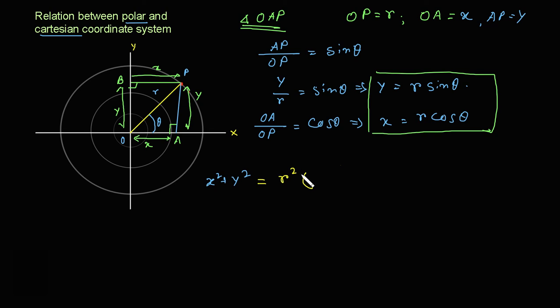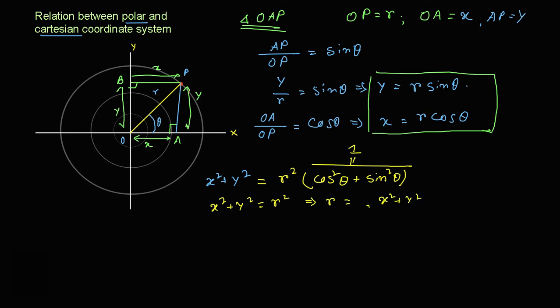So it is r square, and for x it is cos, that means cos square theta plus sin square theta. But this is nothing but 1, isn't it? You know it. So x square plus y square equals r square, or r equals the square root of x square plus y square.